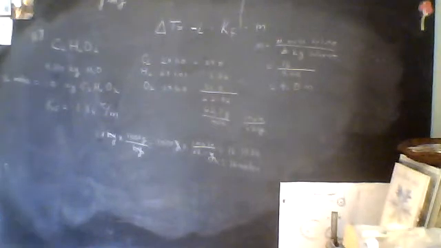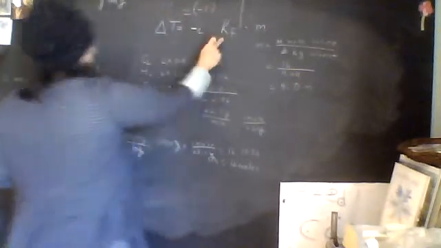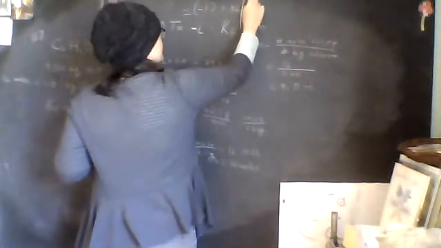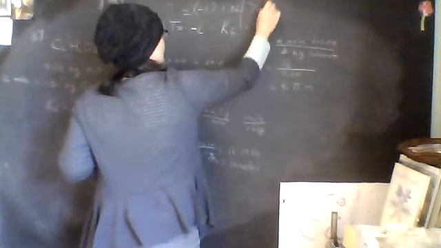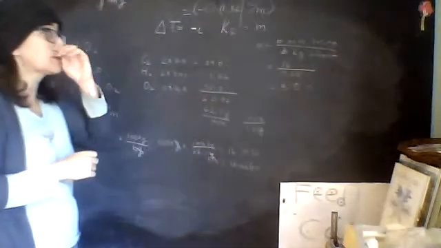Let's look at the delta T here. We've got negative 1 times 1.86 degrees Celsius per molality, times the molality, which is 4.0.